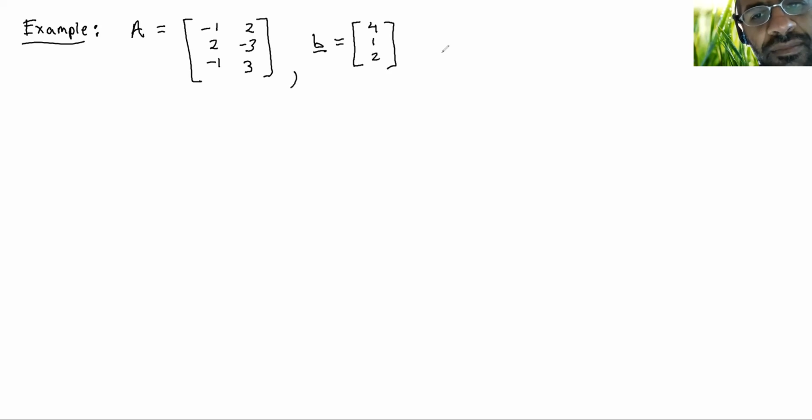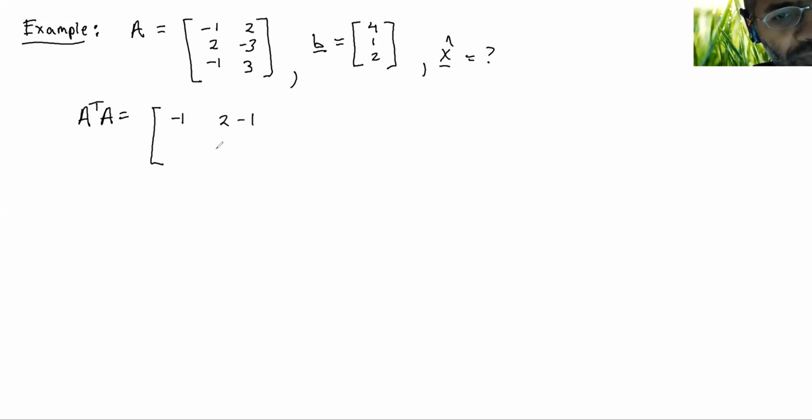And I want to find some x hat, which will be in R2, minimizing this squared norm error. So Ax equals b is actually not consistent for this A. And so what are the normal equations? Well, what's A transpose A? A transpose is the matrix minus 1, 2, minus 1, 2, minus 3, 3. A is just the same as it was.